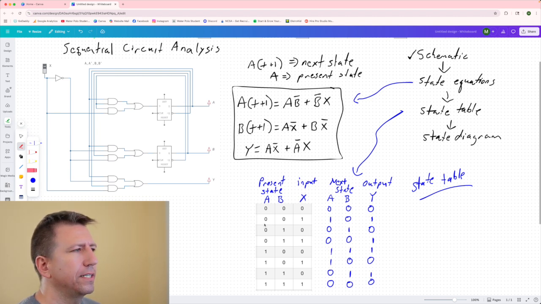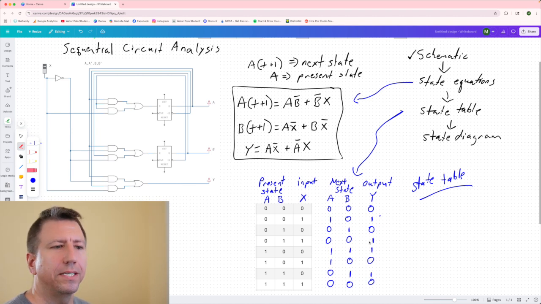If I start with a state of 0, 0 and the X input is 1, then A will turn to a 1 in the next state, and B will remain a 0, and then we'll also have an output of 1. So this is telling us how the circuit behaves in time as we go from one clock cycle to the next. What changes about the output? What changes about the internal state? And that's what that state table is telling us.